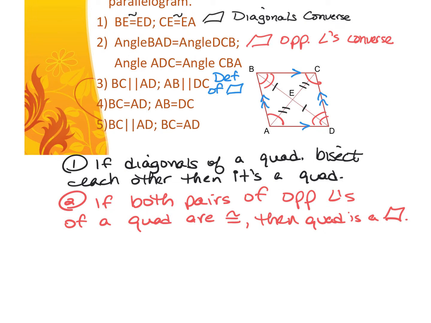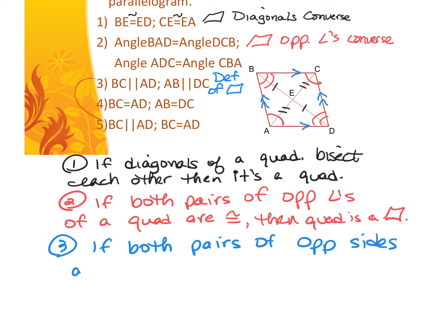And that definition is if both pairs of opposite sides are parallel, then the quadrilateral is a parallelogram.